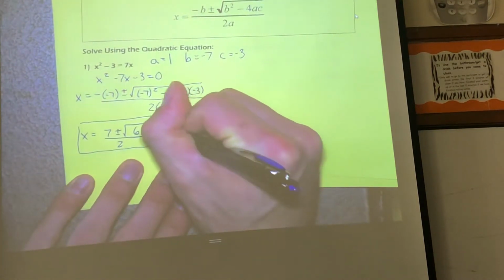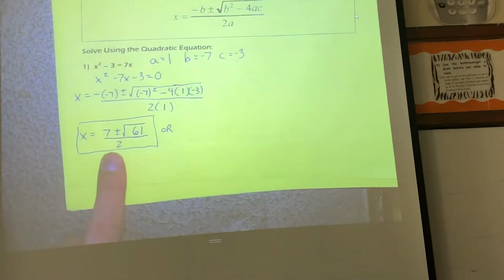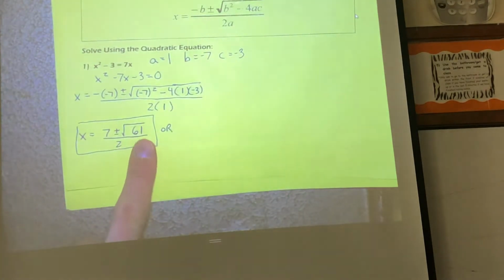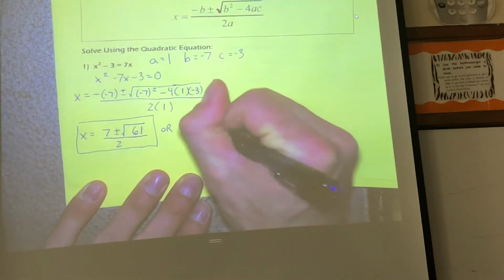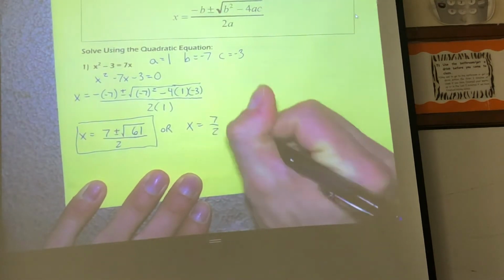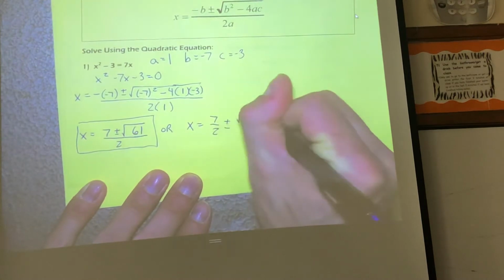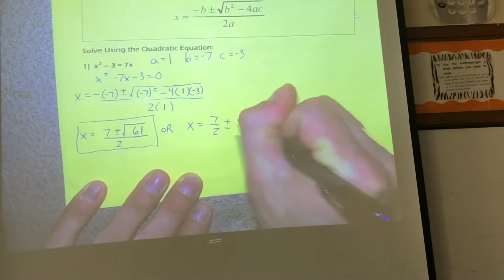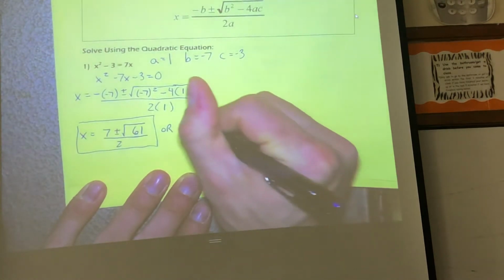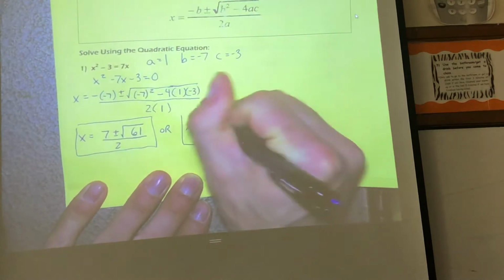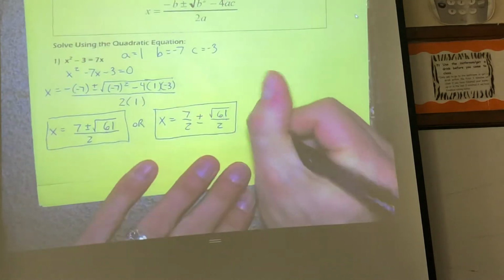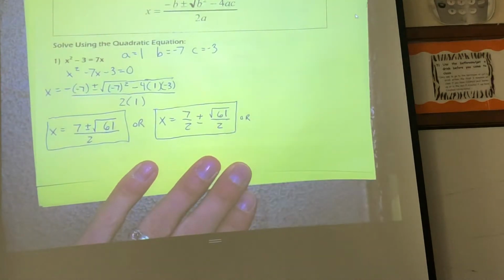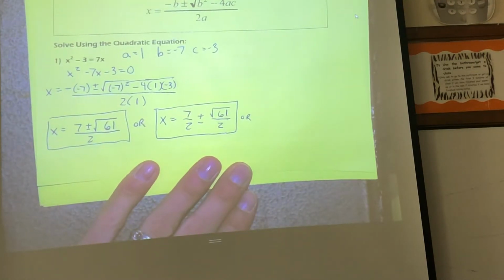I also can break this into 2 parts. This 2 belongs to both the radical 61 and the 7. So I could write it as x is equal to 7 over 2 plus or minus radical 61 over 2. Another way that I could write this would be to break it into 2 separate roots or solutions.